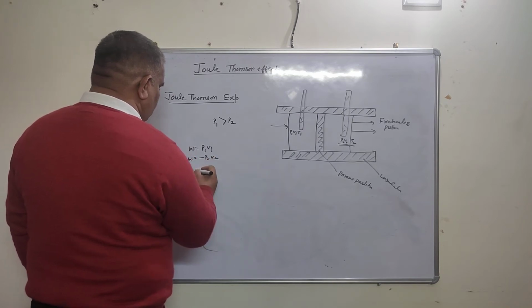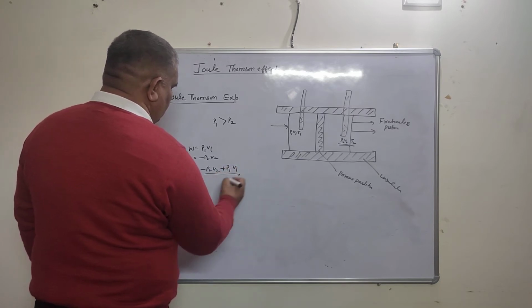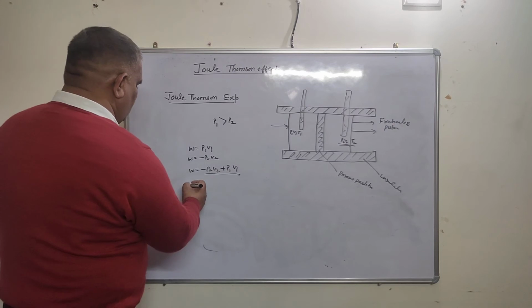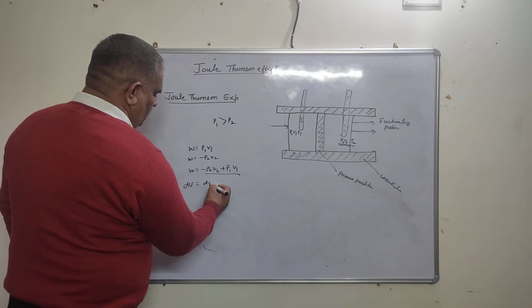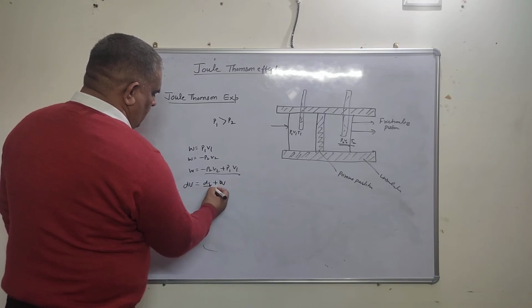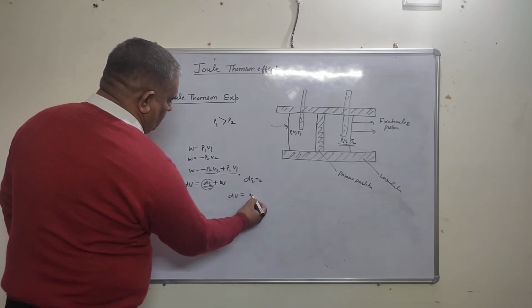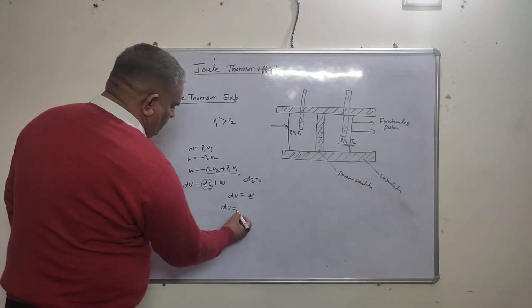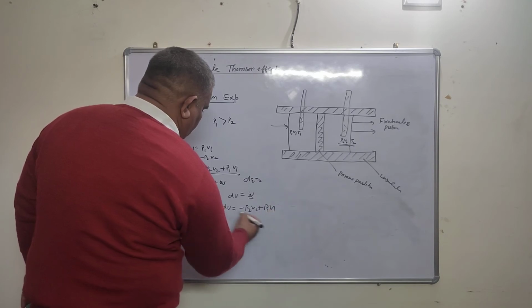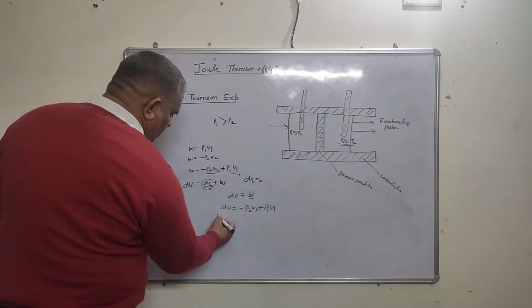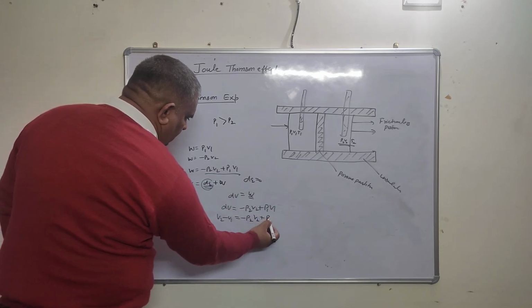So the total work done is minus P2 V2 plus P1 V1, and we know that dU equals dq plus w, and dq is 0, so dU equals w. So dU equals minus P2 V2 plus P1 V1, and this is the internal energy change, U2 minus U1 equals minus P2 V2 plus P1 V1.